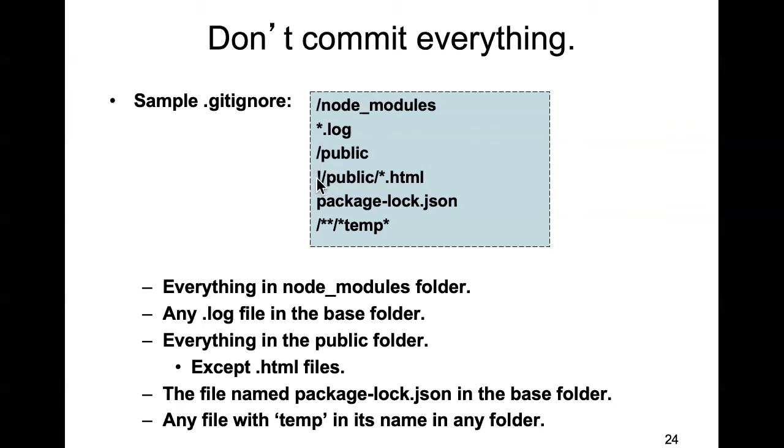The not there means it should not ignore HTML files in the public folder. This is just a specific file that we're telling it. The /* means in any folder or subfolder, all the way down, if you find any file with temp in its name, then ignore that.